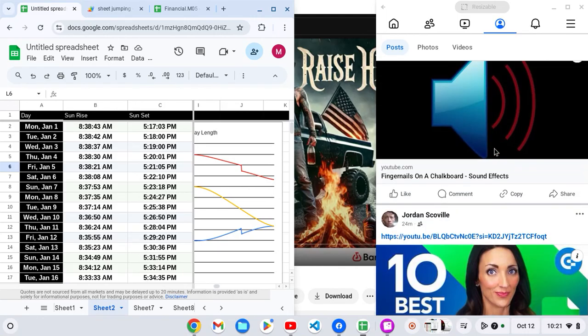And some of the sound effects, making sure that you're peeling some of that out in the same way.